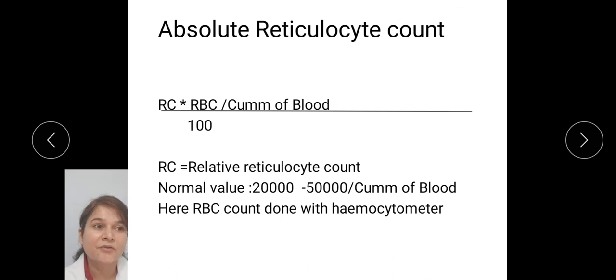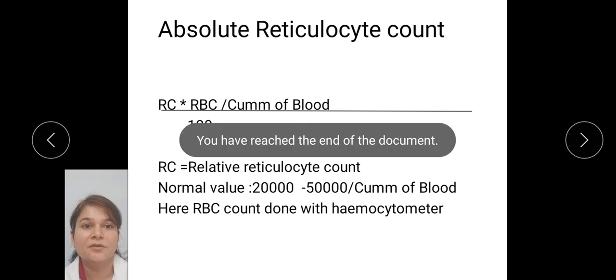So your value will be per cubic mm of blood, and the equivalent unit of cubic mm is a microliter of blood. The normal value of the absolute reticulocyte count is 20,000 to 50,000 per cubic mm of blood, or per microliter of blood.